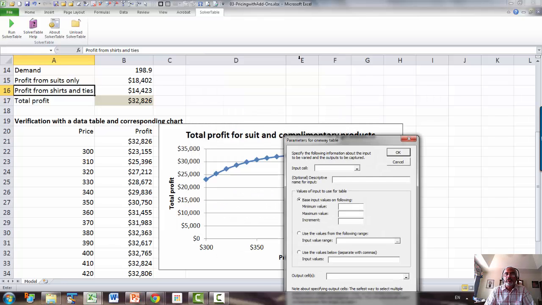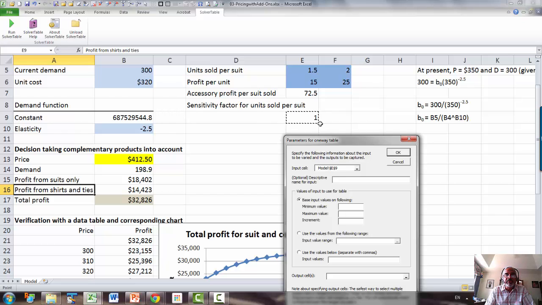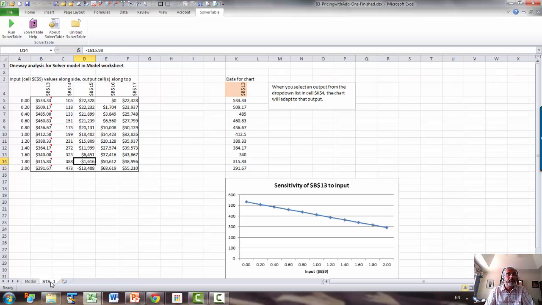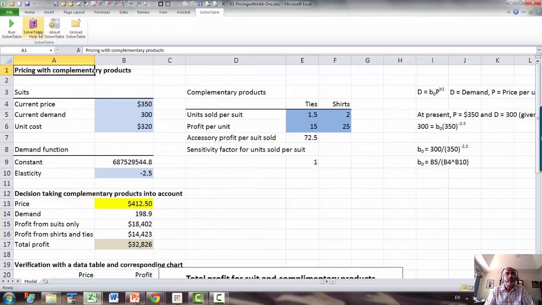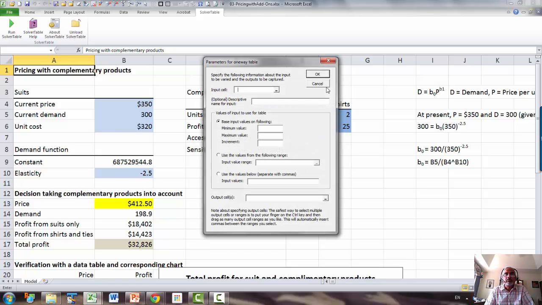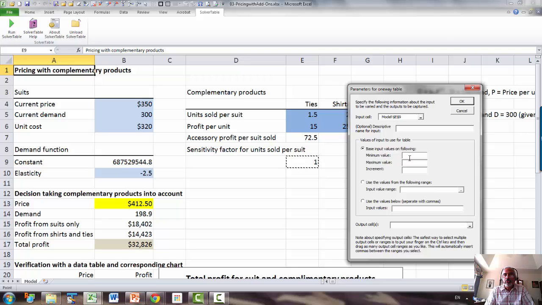Now what we're going to do for solver table is we will use the sensitivity factor. Remember we multiplied by 1 for the profit from shirts and ties, and that's what we're going to change from minimum to a maximum value. So we'll go from 0 to 2 in increments of 0.2.